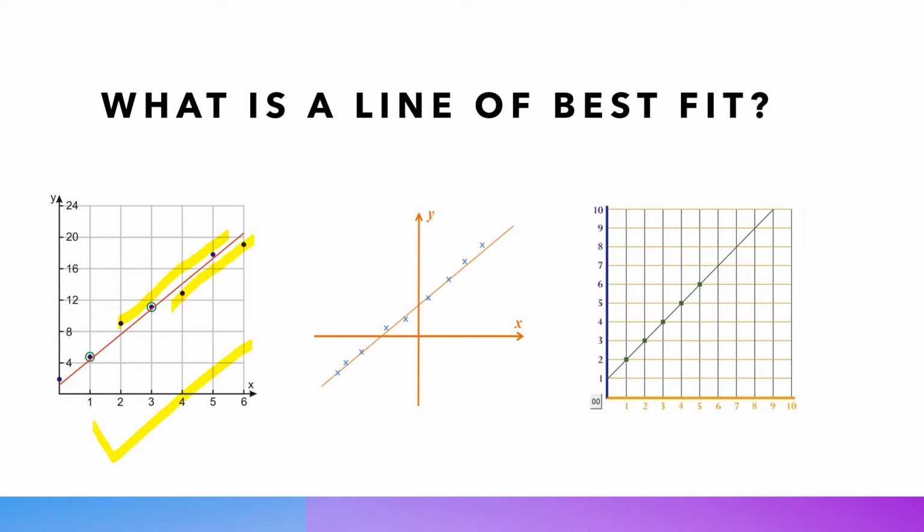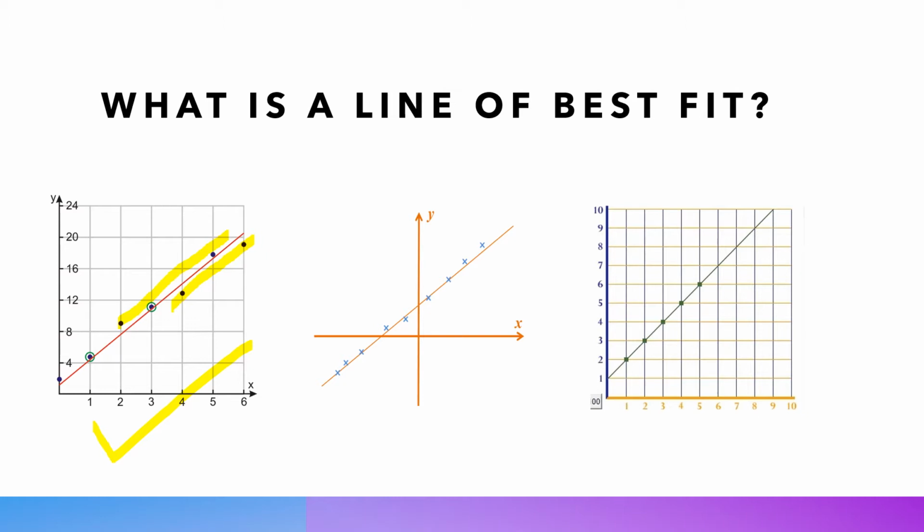Or it can have a very small difference in the number of points above and below the line. Let's say the number of points above the line is 2 and the number below is 6. That is a very big difference, so we cannot say it is a line of best fit. But if it has a very small difference, for example 2 above the line and 1 below, then it is still a line of best fit.